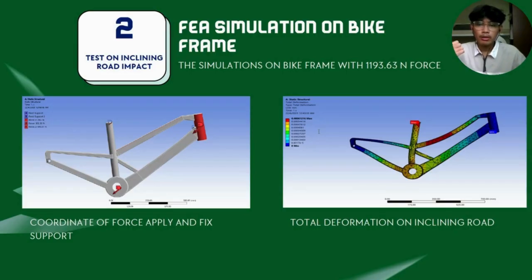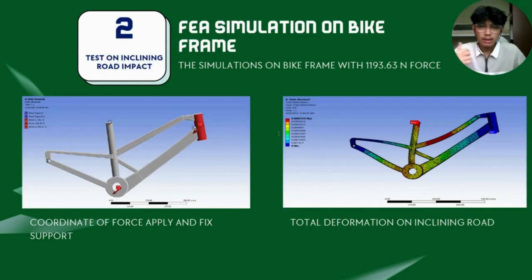We tested the bike frame on an inclining road, where the applied force was slightly higher at 1193.63 Newton, simulating the additional effort when climbing uphill. The left image again shows force and support locations, while the right image shows total deformation.